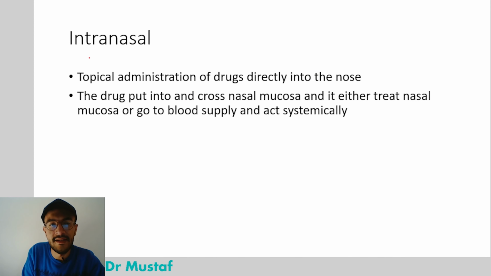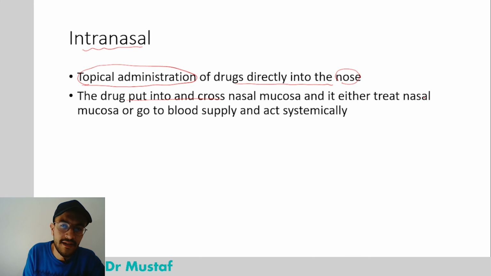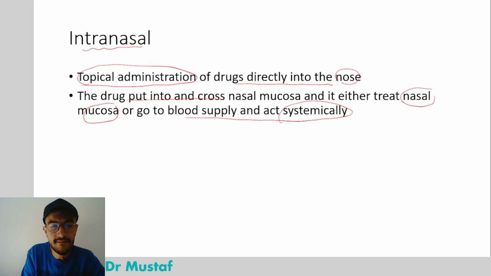Now let's talk about the intranasal route. The intranasal route involves topical administration of the drug directly into the nose. The drug is put into and across the nasal mucosa, and it either treats the nasal mucosa or goes to the blood supply and acts systemically.